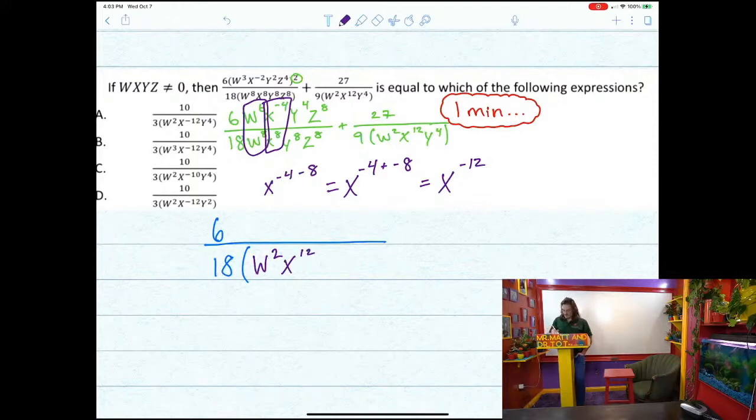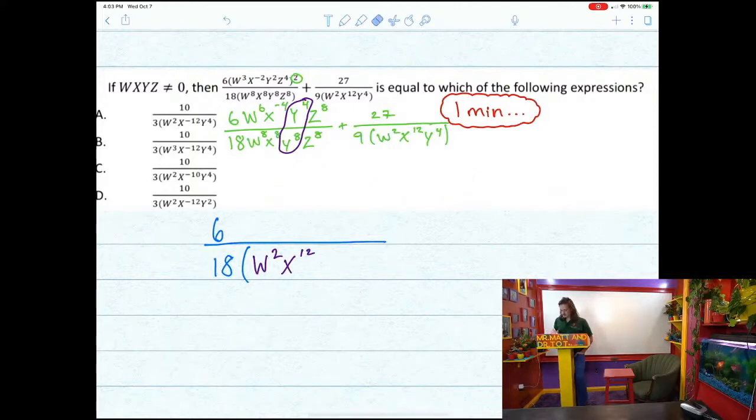If we look at the y's, we have y to the 4th divided by y to the 8th. So y to the 4th minus 8 power is going to be y to the negative 4th power, so we're going to have y to the 4th in the denominator.